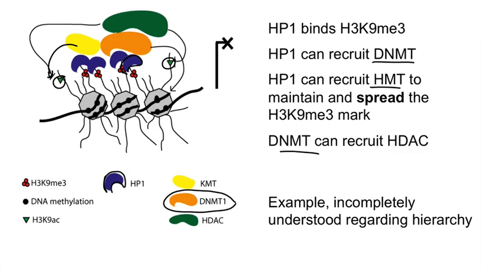So while we don't understand all of the features of epigenetic control, and in particular we don't understand the hierarchy, we don't understand which comes first, this shows you that it's not a matter of just a single epigenetic mark being bound by a single protein, but rather the epigenetic marks being recognized by a protein, which then results in the assembly of large complexes of proteins on top of this nucleosomal chromatin.